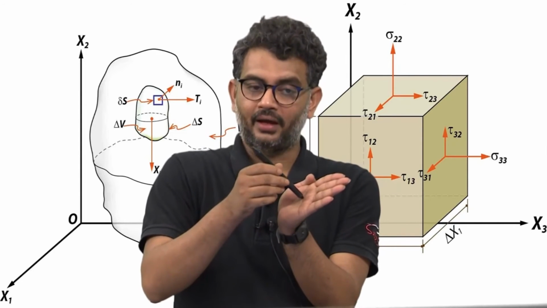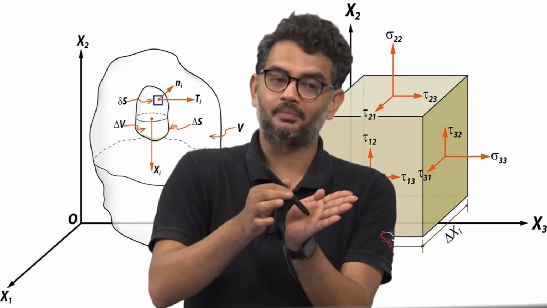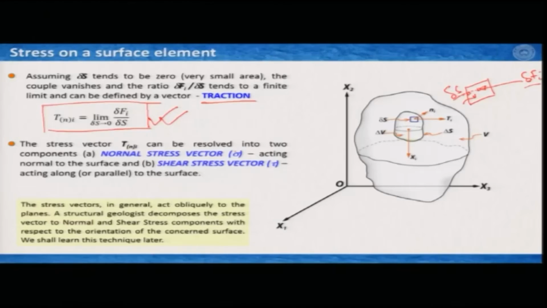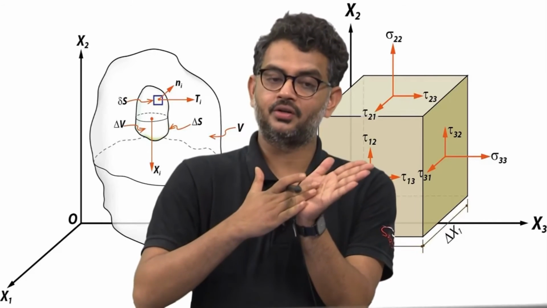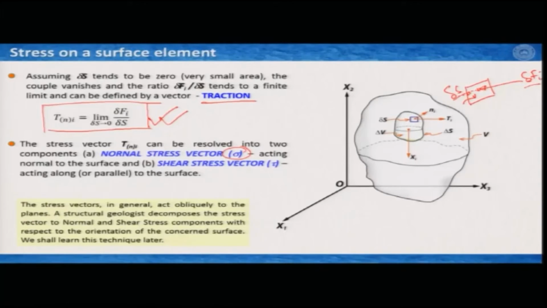The component of this force which is perpendicular to the plane is known as normal stress vector, mathematically written as sigma, that acts normal to the surface. The component that acts parallel to the surface is known as shear stress vector, mathematically generally written as tau, which acts along the surface.